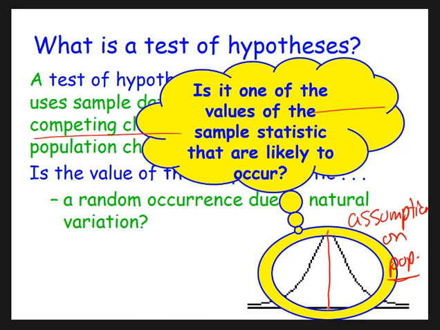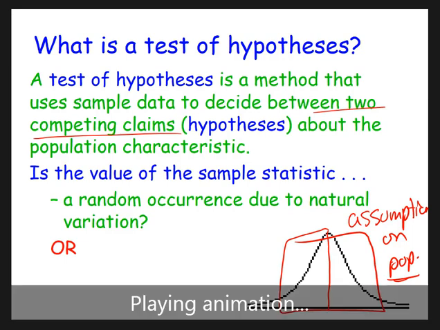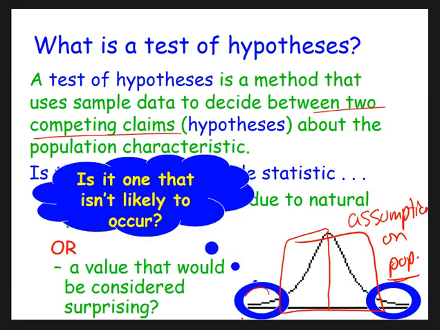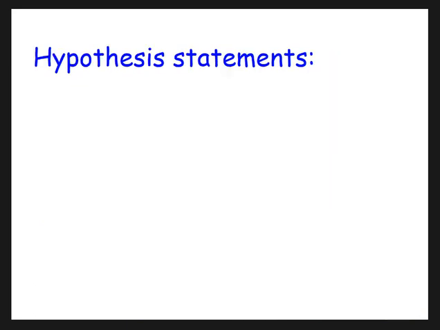We usually state it as a mean. If that assumption is true, it's very likely that the sample will give us a sample statistic in that range, and very unlikely that it'll give us sample statistics in those ranges. And that's what hypothesis testing is determining: what is this likely range and unlikely range. Then if we get something in one of those unlikely ranges, then we go to the alternatives.